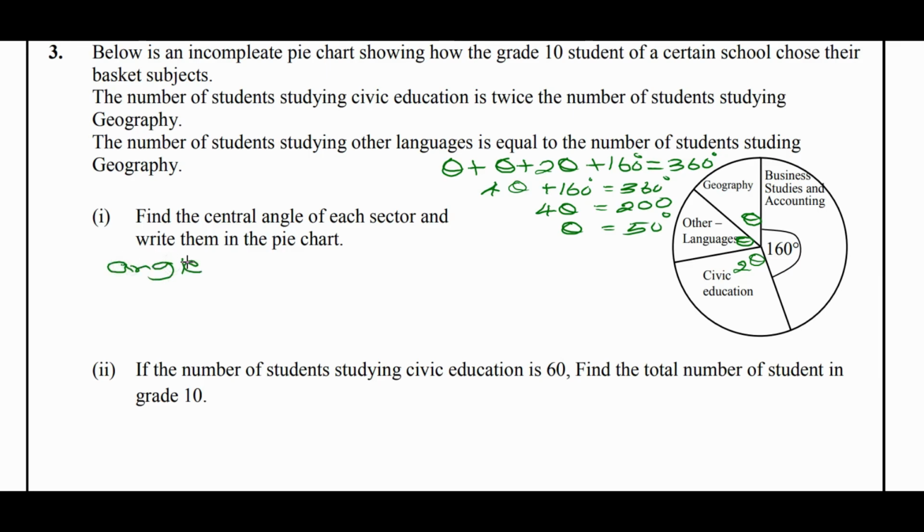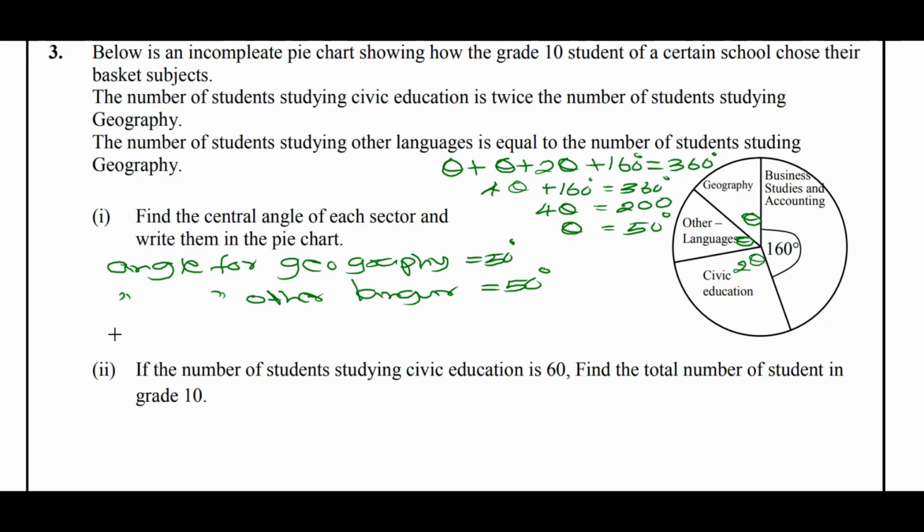Angle for geography equals 50 degrees, as well as angle for other languages. Angle for other languages equals also 50 because it is also theta.